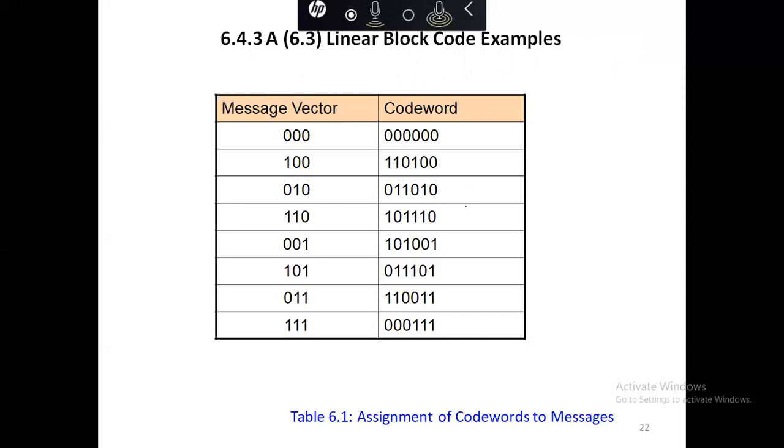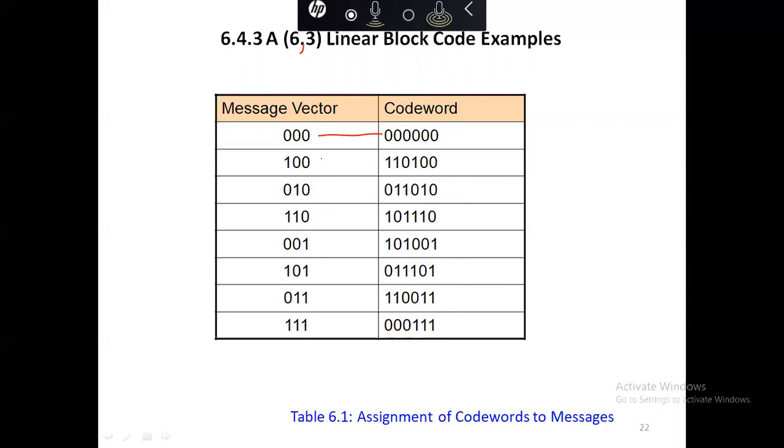So that's what I am saying, that for the 6,3 code, we have an actual message of 3 bits and a code word of 6 bits. Here the criteria is not satisfied. So we cannot find the rule for how we map this 6-bit code word into this message vector space.